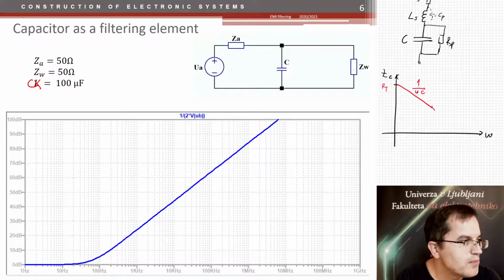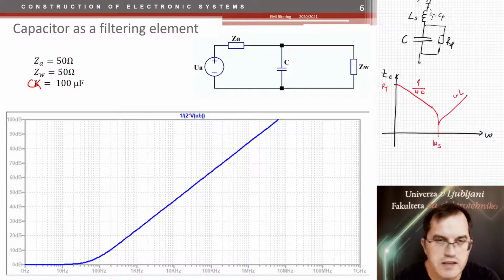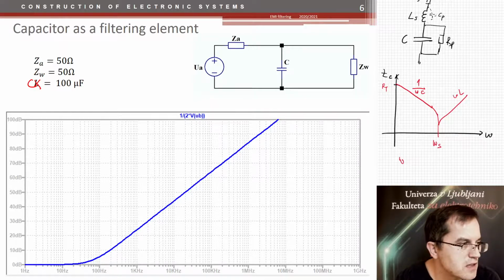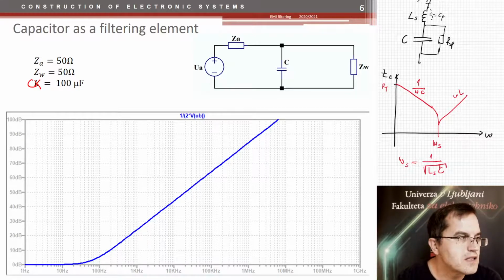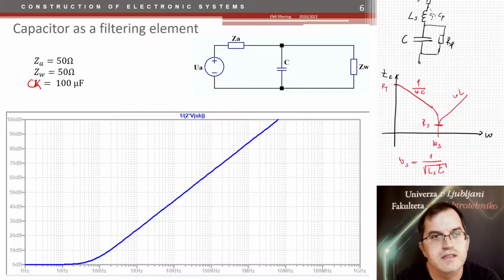Now we come to the point when the omega L starts to prevail. So we have omega L part, and here we have the series resonance. A series resonance is defined as 1 over square root of L series C. Now the omega L increases, and the value here at the series resonance is defined by the series resistance.